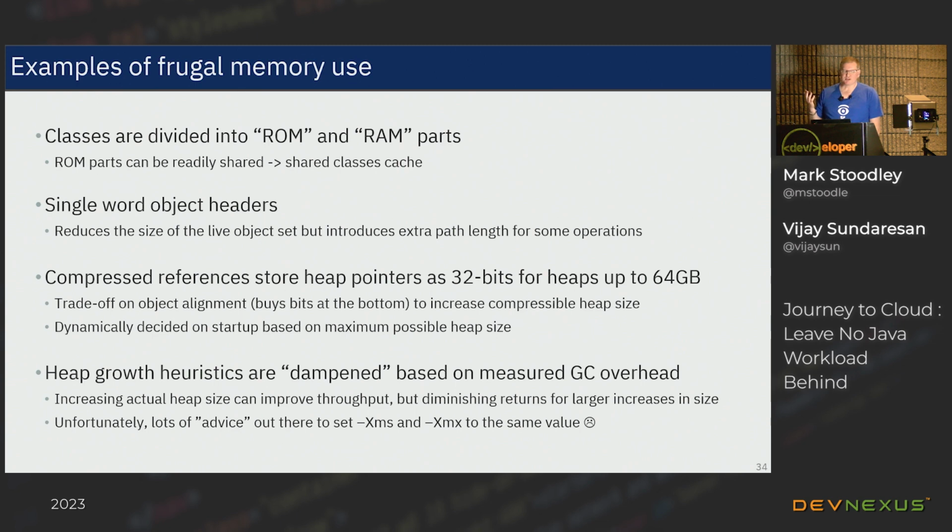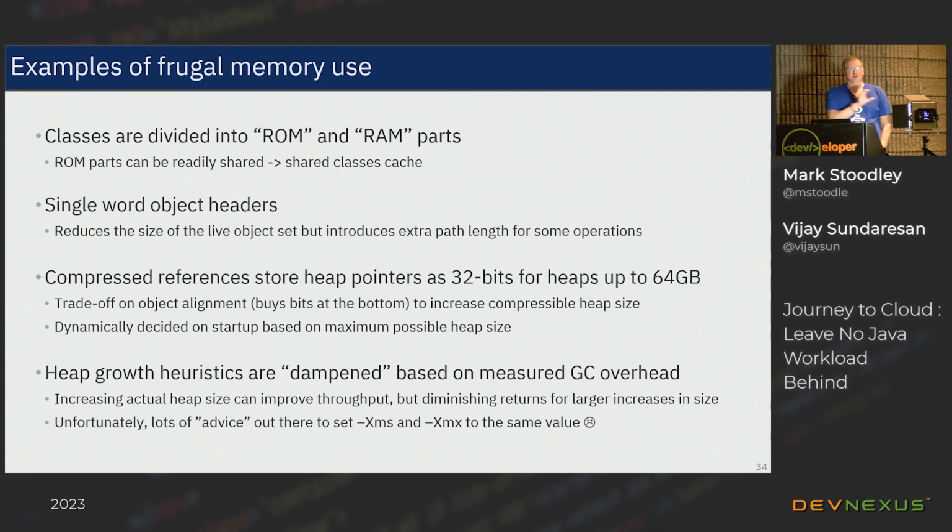We also use compressed references. Now, this isn't a unique feature, but we use it too, to compress heap pointers so that even if you're running in a 64-bit process, we can represent them on the heap as 32-bit pointers. And we use some shifting and trade off object alignment. So you can't have an object at an arbitrarily aligned address. We align objects at, say, every 8 bytes or every 16 bytes.